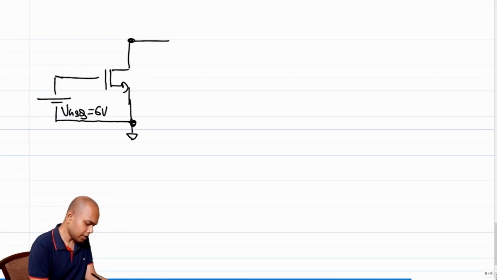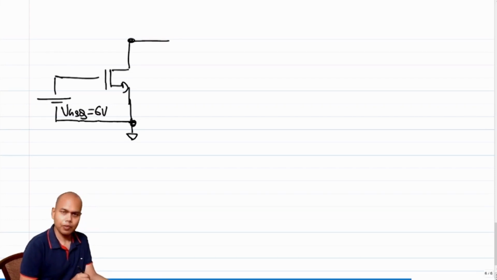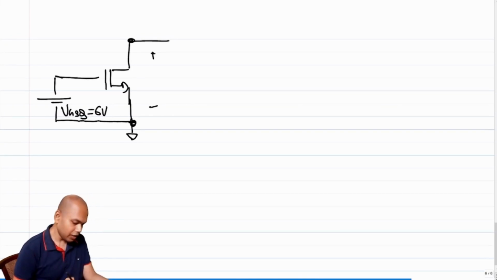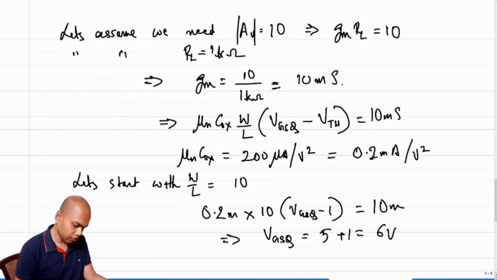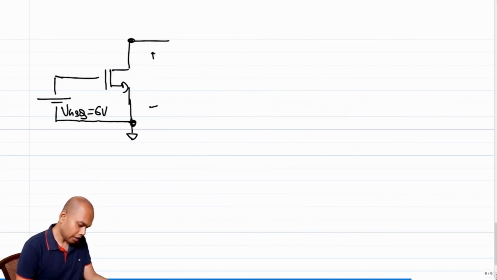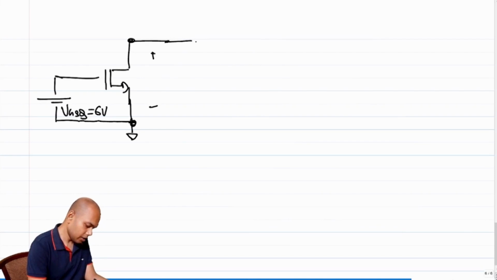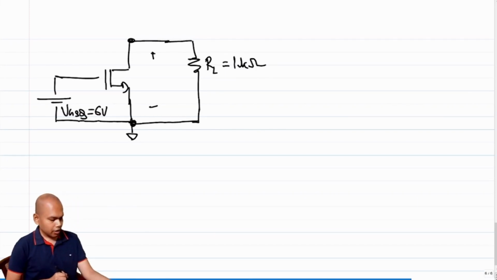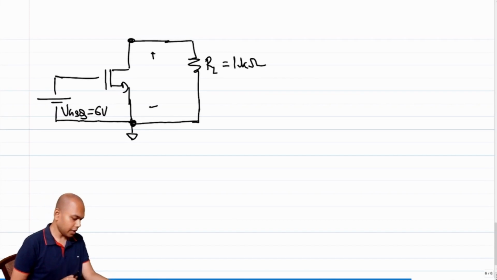Now let's turn our attention to the load side, the output side. So if VGSQ is equal to 6 volts and RL is 1 kilo ohm, what do you think is the status of the transistor?